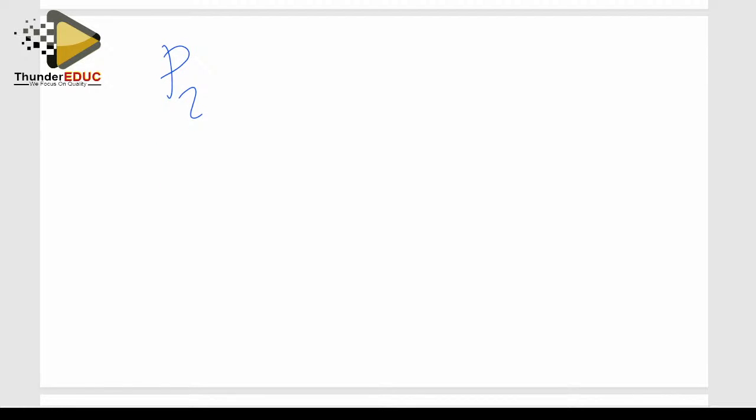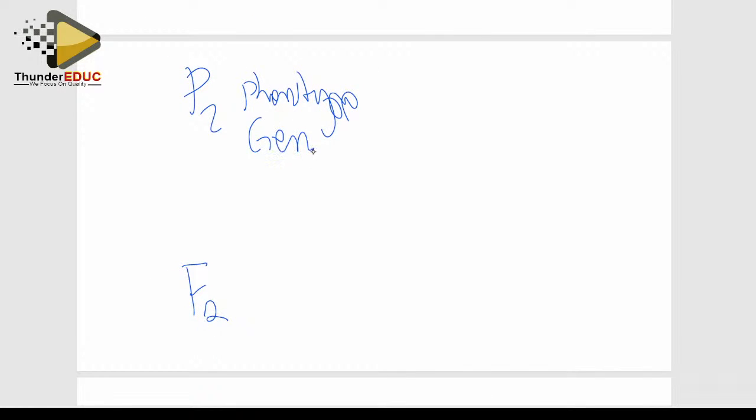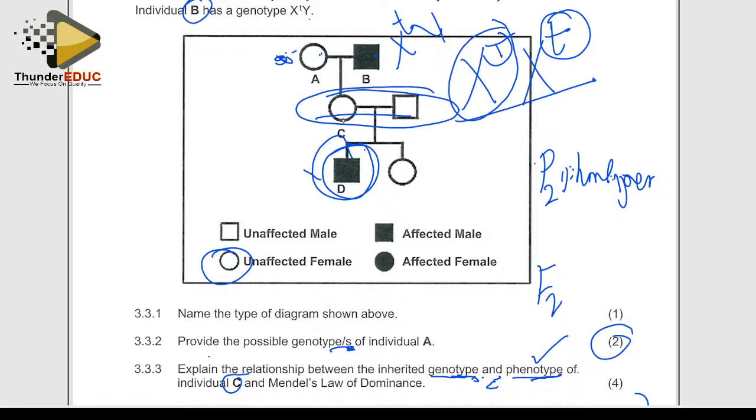Okay, so basically what happened is I'm gonna have P2, F2, phenotype, then I'm gonna have genotype.